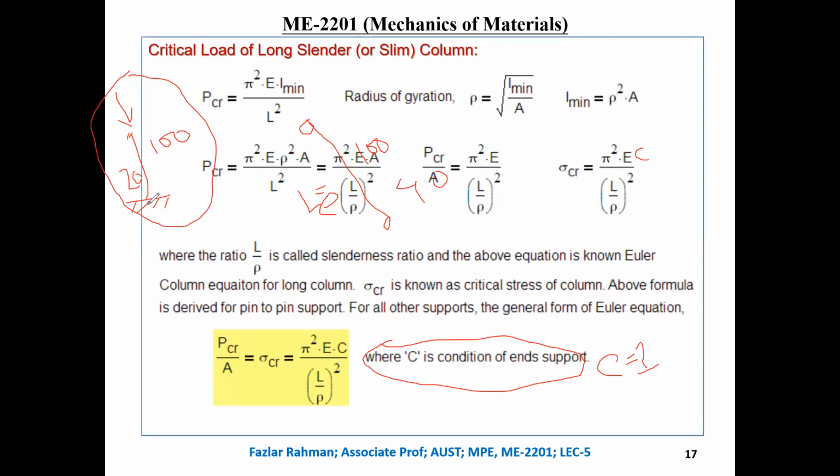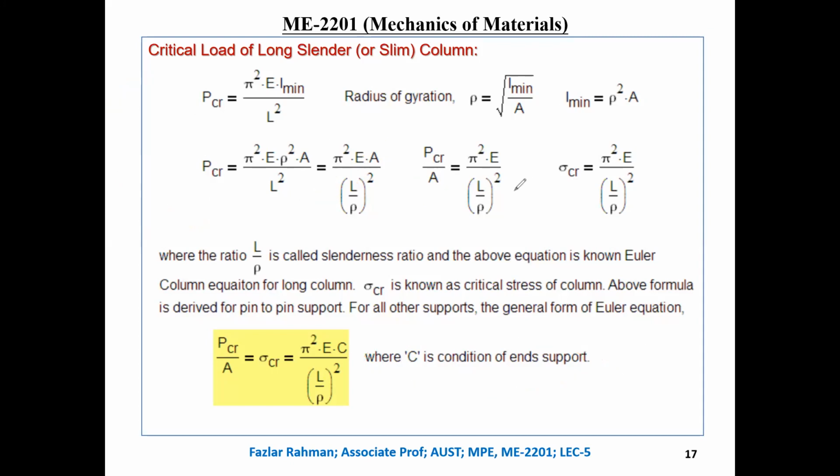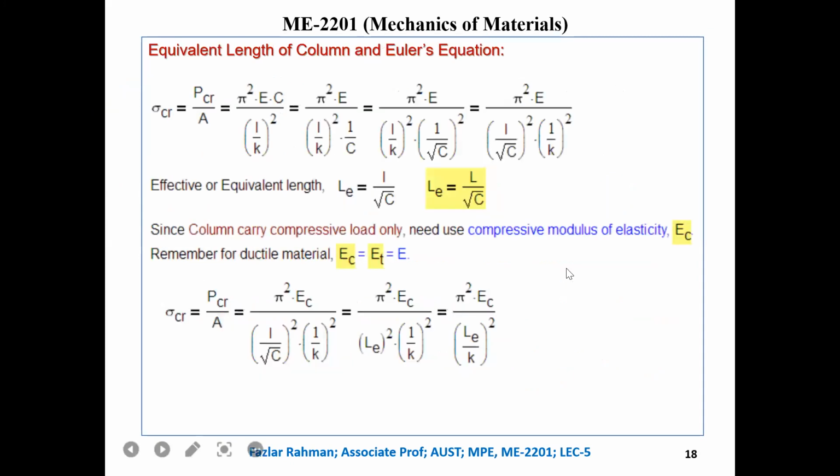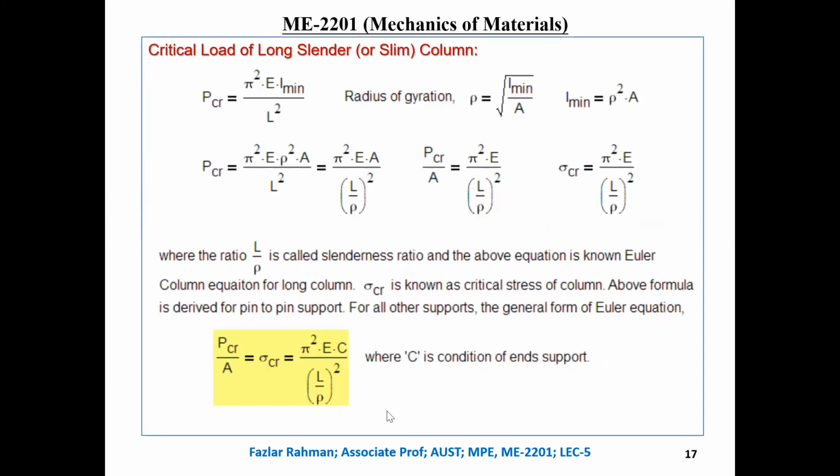So from this concept, we have one more term in the column chapter called equivalent length of the column. Normally we say that L E, equivalent length of the column, equals L by root over C. This is the equivalent length of the column.